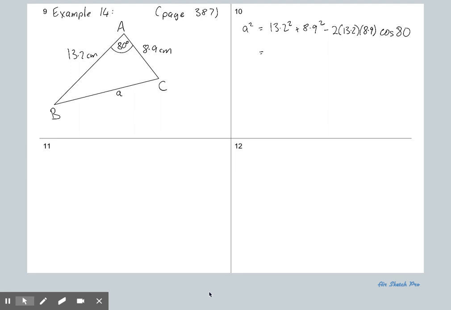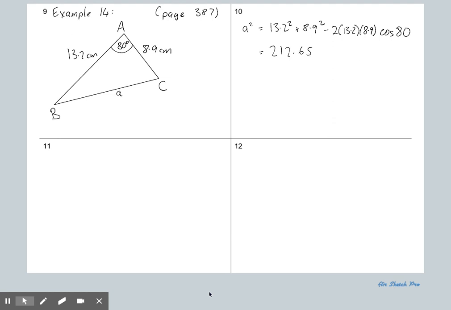I'll try that again. 13.2 squared plus 8.9 squared minus 2 times 13.2 times 8.9 times cos of 80, making sure my calculator is in degrees mode, and I get 212.64. 212.65 to round to 2 decimal places.